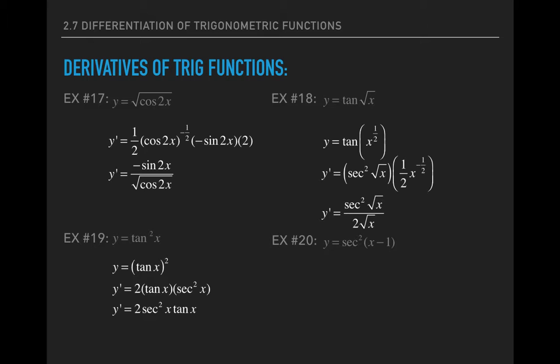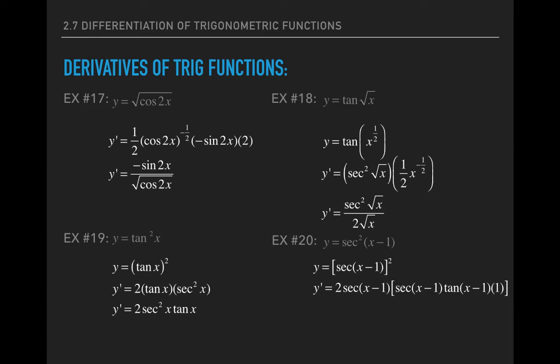And 20 is the last one I'm going to do with you all, and I want you to try the remaining few individually. Okay, so here we go. This can be rewritten as secant of x minus 1, squared, which means you're going to take 2 times the inside function, which would be secant of x minus 1, and it would have an exponent of 1 if you decreased it from 2.